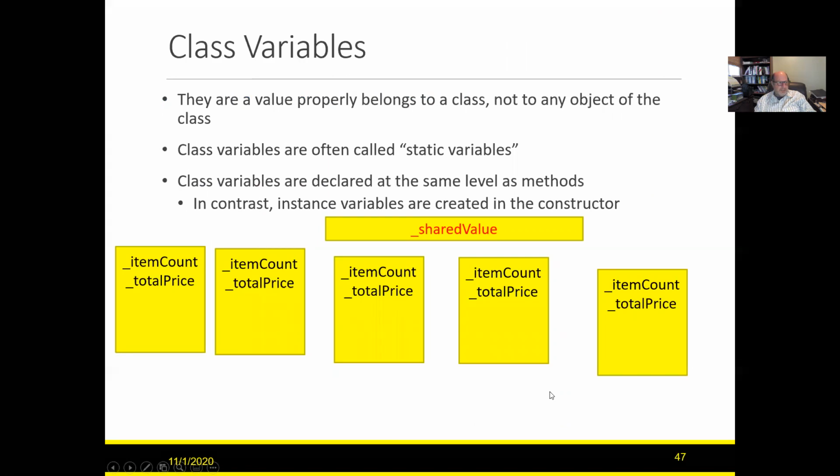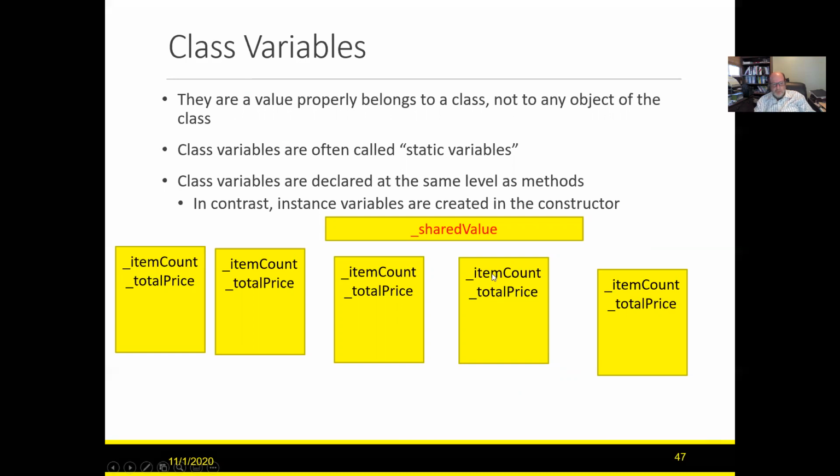The last thing that I want to talk about is a static variable. We talk about a static variable in C++ and in Java. Here we call them the class variable. When we are talking about instance variables, if you have multiple objects, they would have different values.